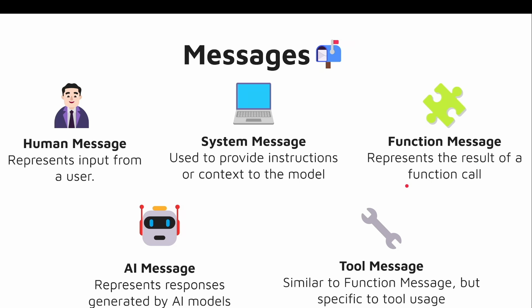If you've used an API like a large language model API before, such as OpenAI's API, a lot of these will be quite familiar, especially the system message, the AI message, and the human message.